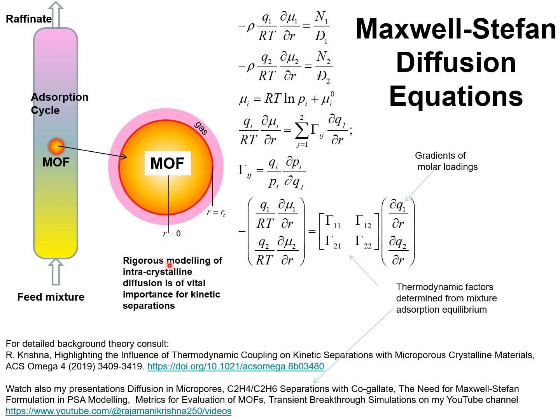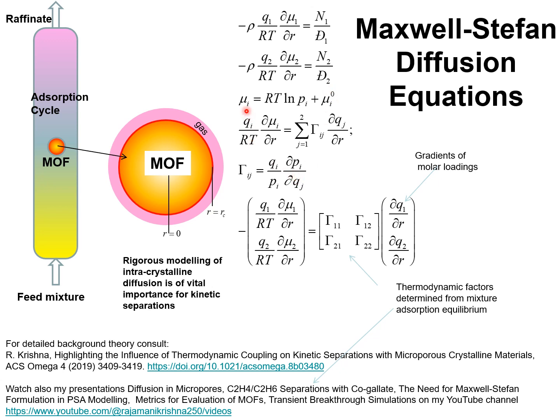Let's first refresh our memories on the Maxwell Stefan diffusion formulations. In these formulations, the molar flux of any component 1 or 2 in the feed mixture is related to the gradients of the chemical potentials mu1 and mu2 of the guest molecules.